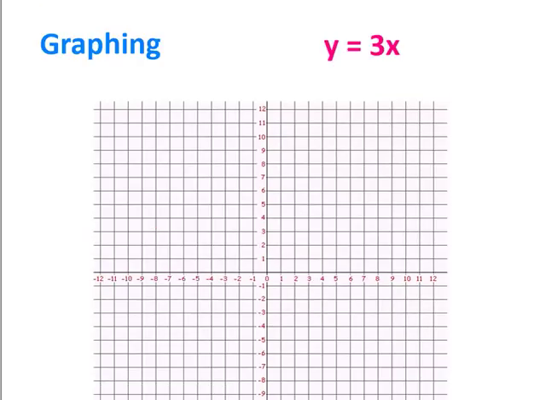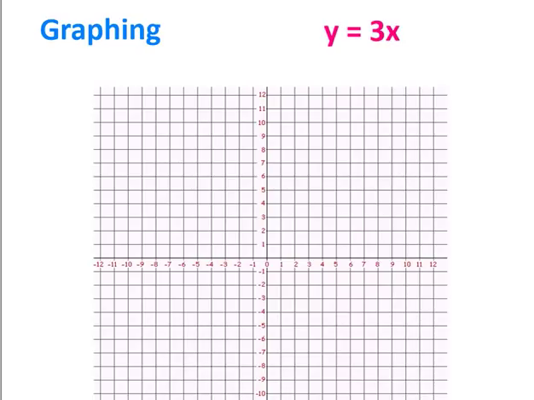All right, next one. Now, what is our y-intercept on this one? It's going to be plus 0, okay? So when it's not there, it's plus 0. So it's going to be here at 0. Then our slope is 3, which is over 1. So we're going to rise 3 to the right 1.